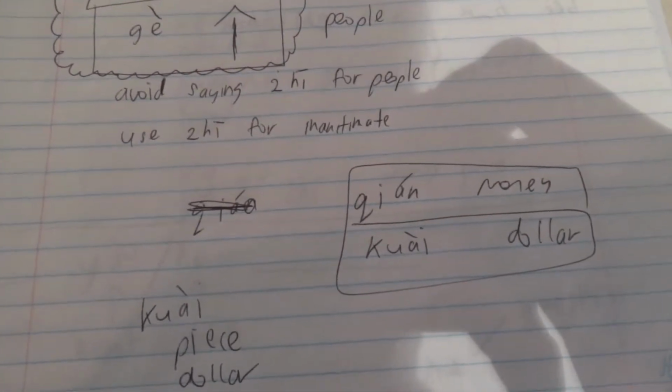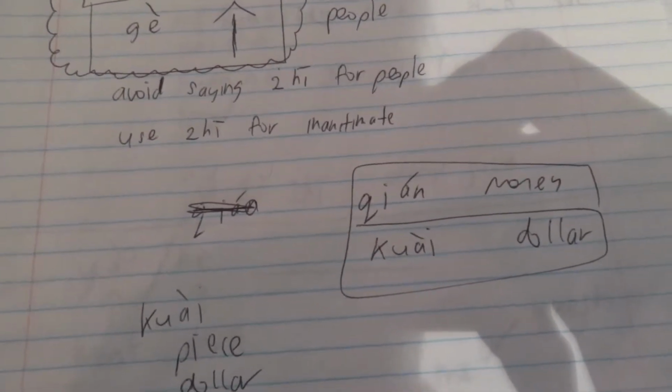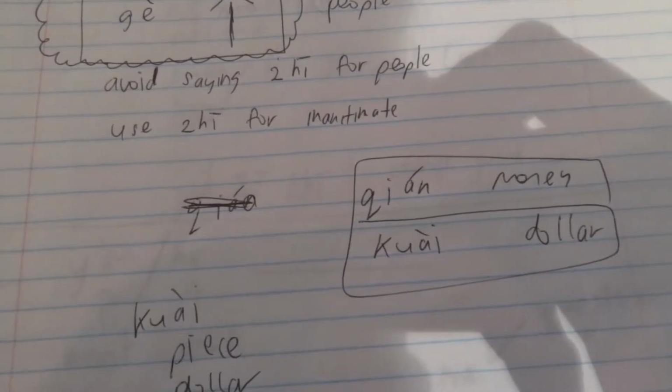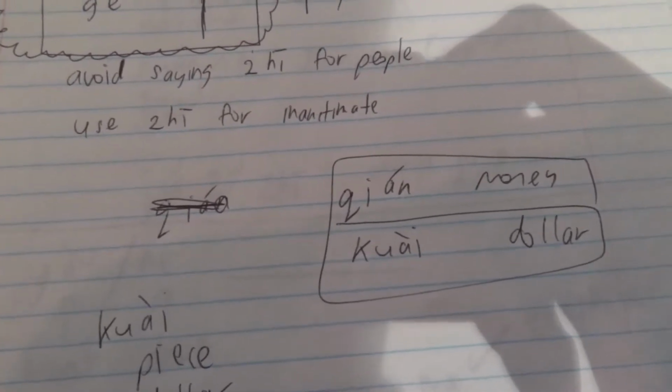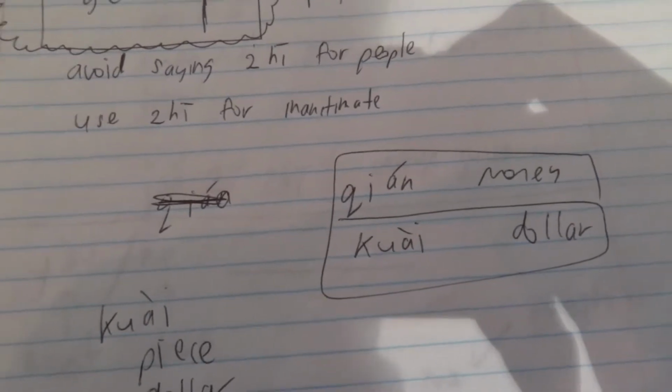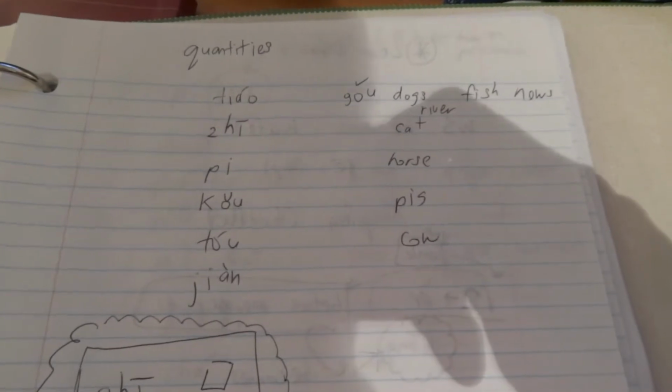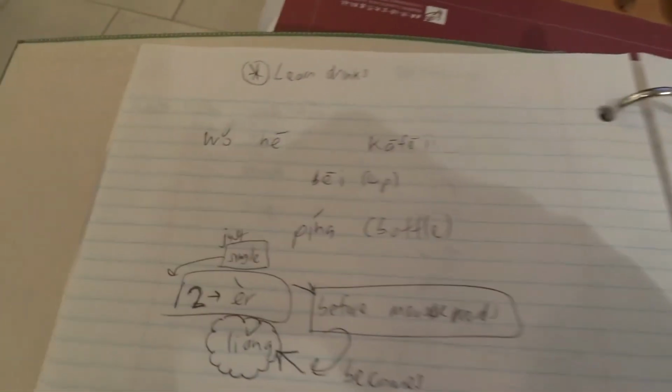And another thing is Kian, I don't know how to say that. It's money, and Kuei is dollar. I'm still a little bit fuzzy about some things. Okay.